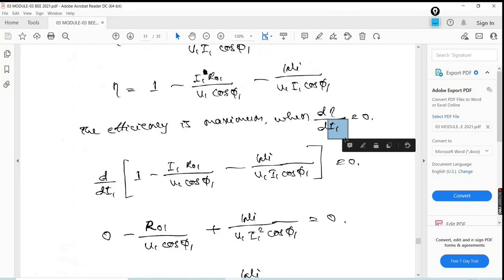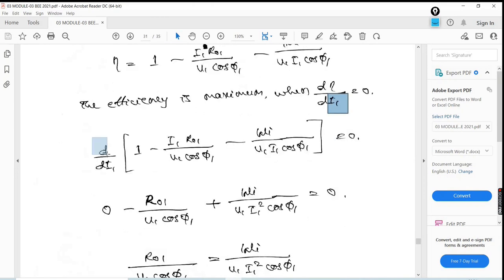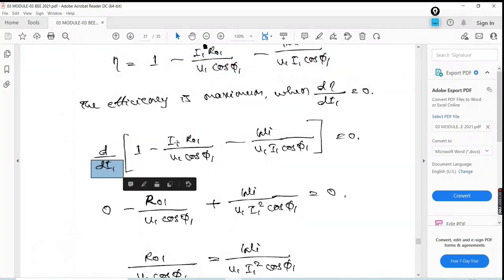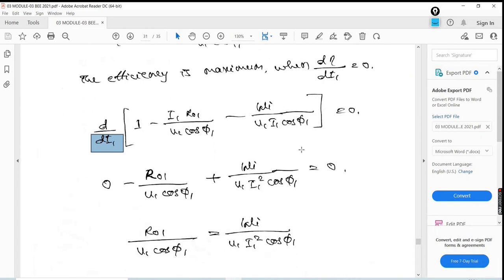As the load changes, current will change. So we differentiate the efficiency with respect to the current I1: 1 minus I1 R01 divided by V1 cos phi 1 minus Wi divided by V1 I1 cos phi 1.